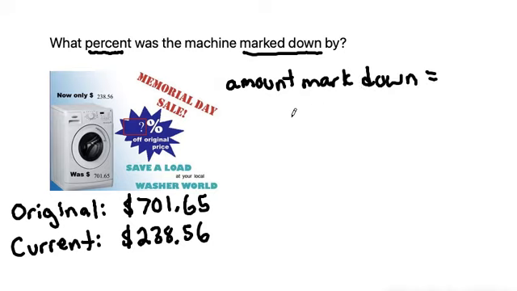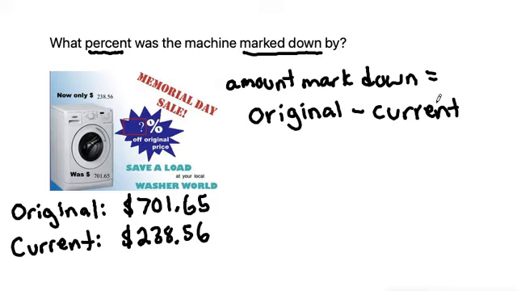will be equal to the original price minus the current price. So that's like how much they took off. So if we plug our numbers in, the original would be $701.65 minus the current price, $238.56.